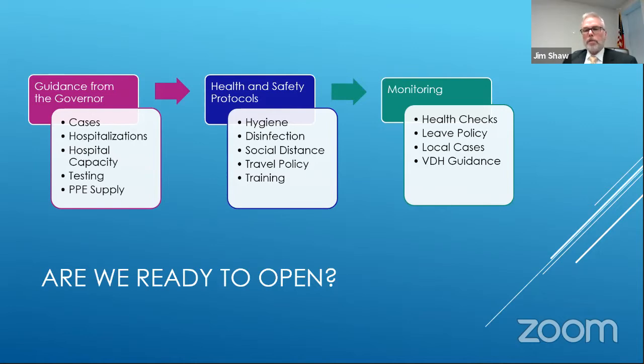And then finally, all of us will continue to monitor, either through on-site health checks that we currently do, temperature checks in a number of our facilities as people come into the workplace. We continue to monitor things like leave policy. There are federal guidelines that have been passed down that are very specific to the COVID-19 pandemic that take a constant measure. We look at local cases every day, and we continue to monitor whatever the latest guidance is coming from the Virginia Department of Health or the governor's office.